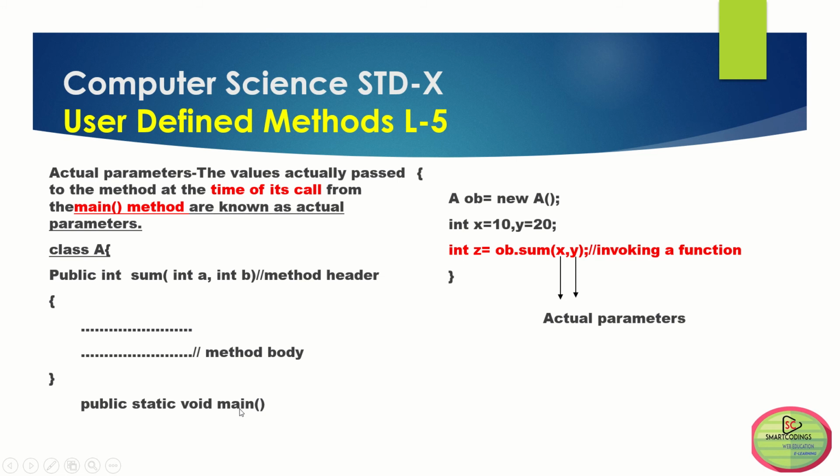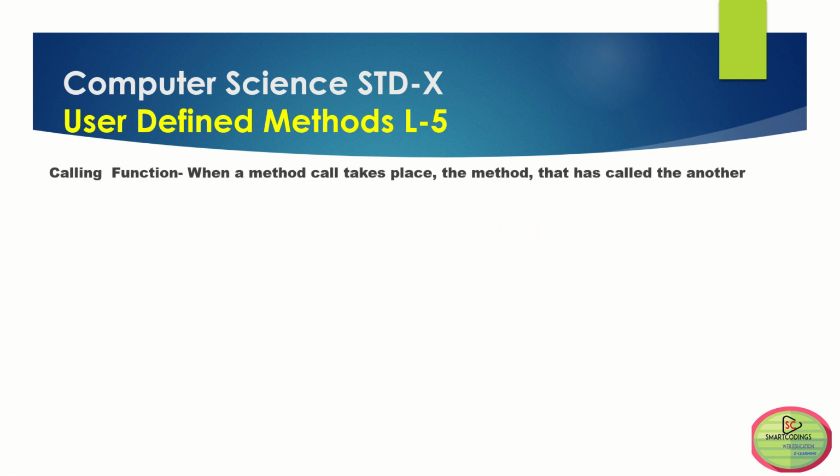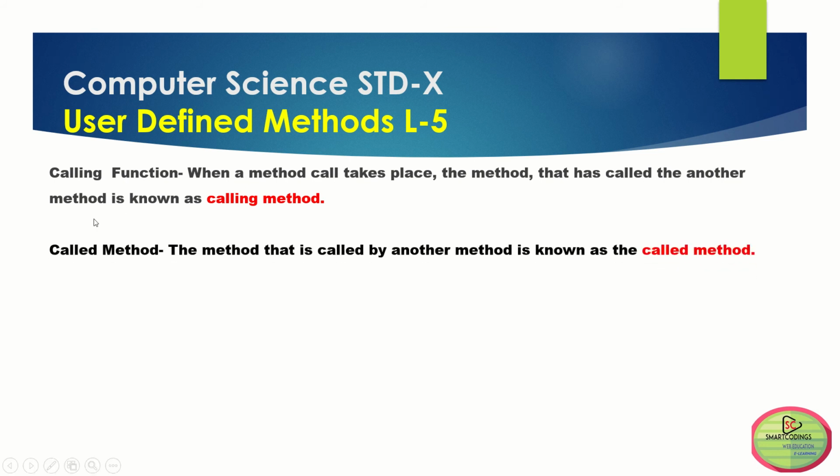So the main method is a calling method. This is one term, calling method or calling function. And the called method: which method is called? The sum method is called.